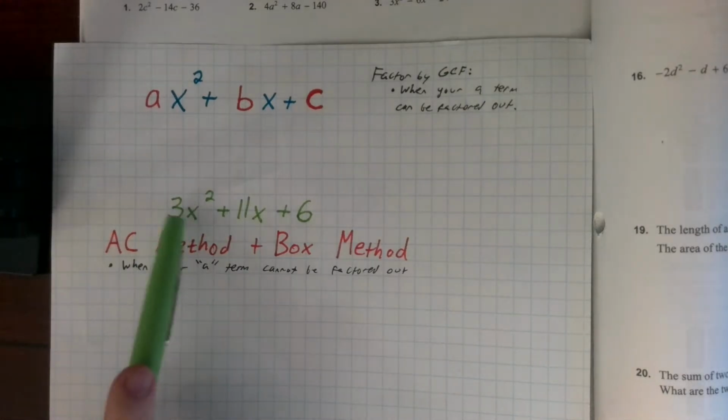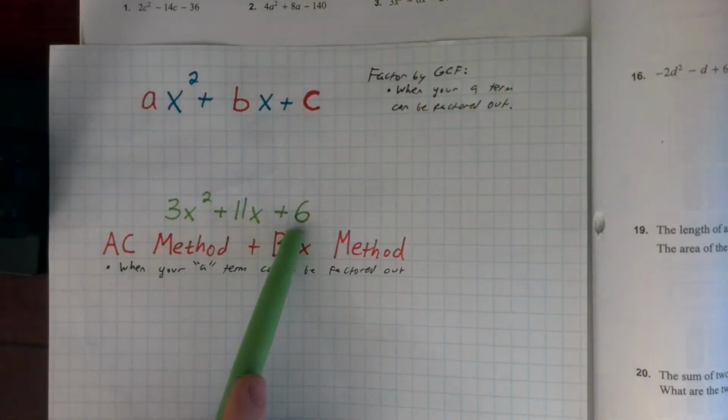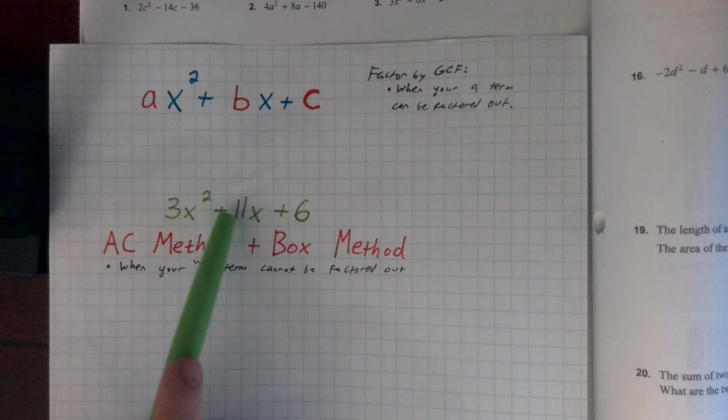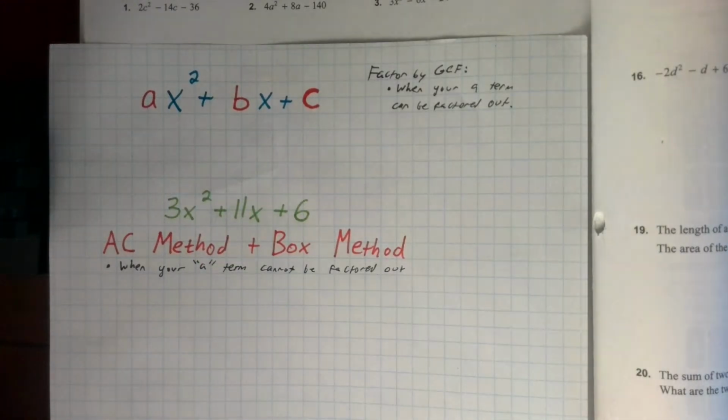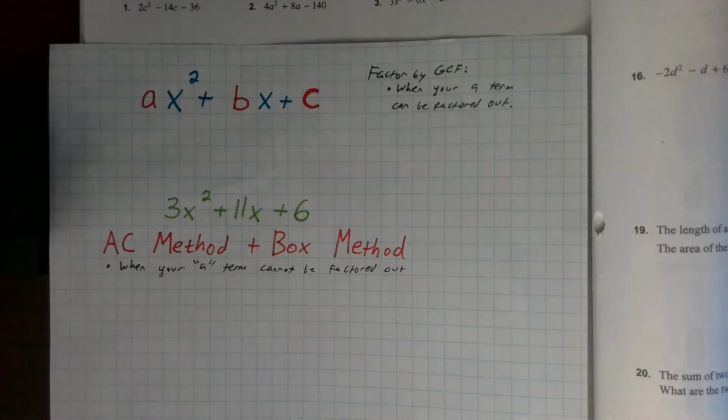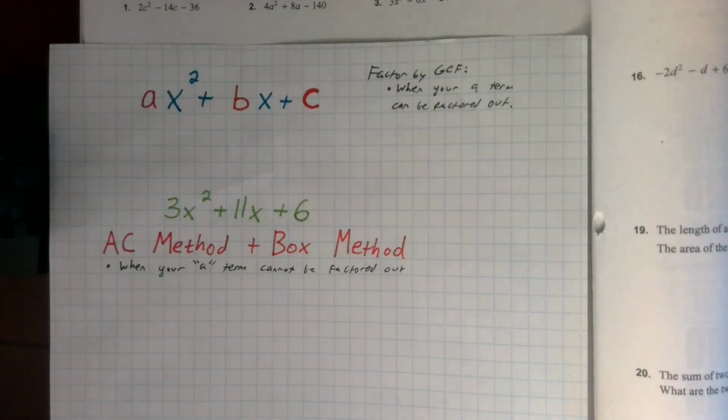Our first number can be divided by 3. Our last number can be divided by 3. But our middle number, 11, cannot be divided by 3 evenly. So we cannot factor out a 3. The AC method and the box method are methods that you would use anytime you have an a term that cannot be factored out.